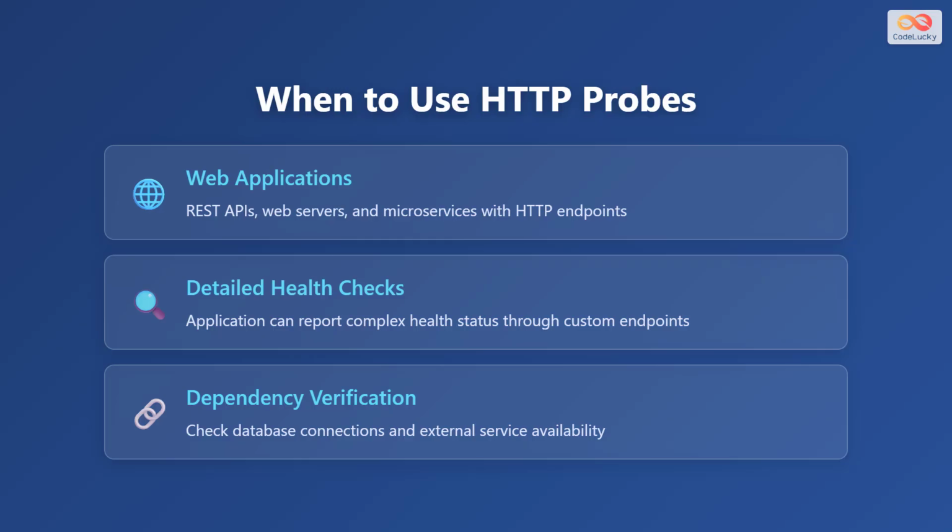Third, HTTP probes are valuable for dependency verification, where you need to ensure that critical services like databases or external APIs are available before accepting traffic. The flexibility of HTTP probes makes them the most popular choice for modern cloud-native applications.